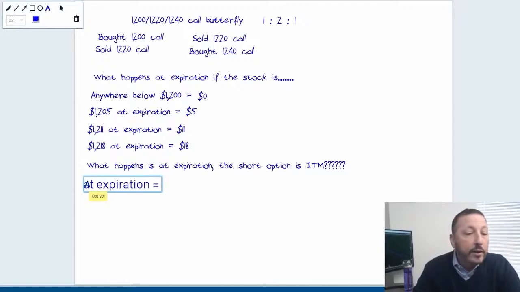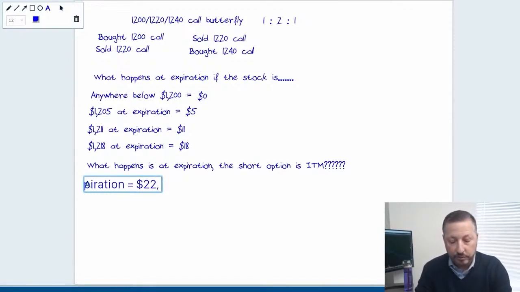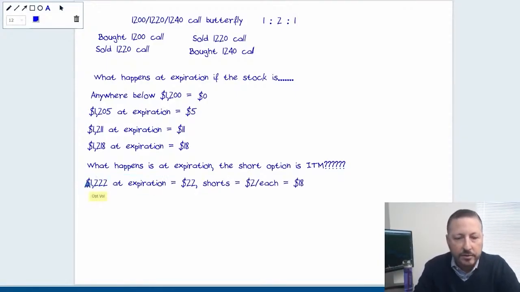Okay, what would the value at 1222 be? Well, the long option would be worth 22. The short options would be worth $2 each, for a total value of $18. And so on and so forth. Let's go up to 1231.